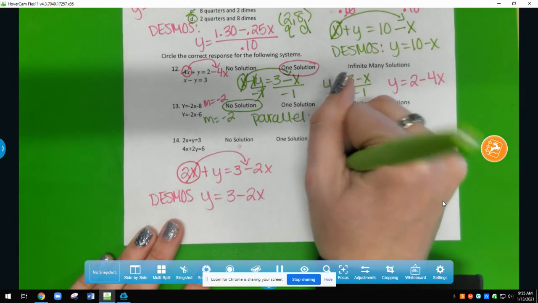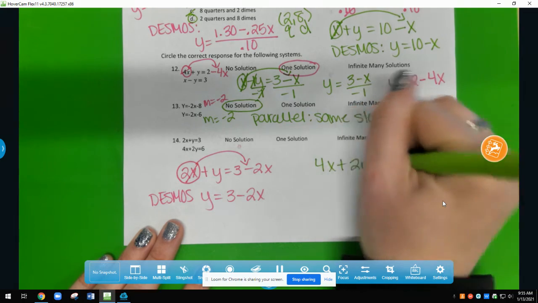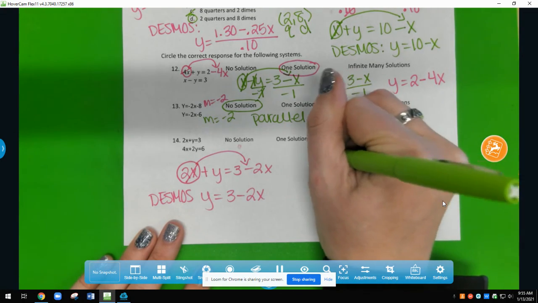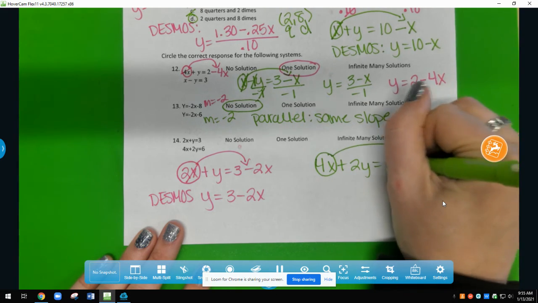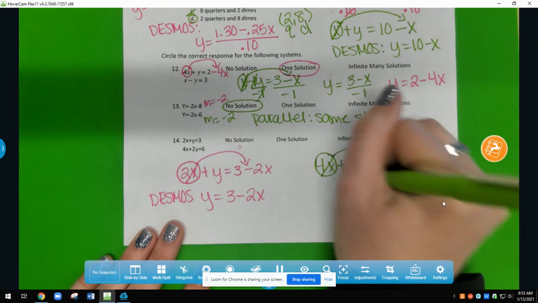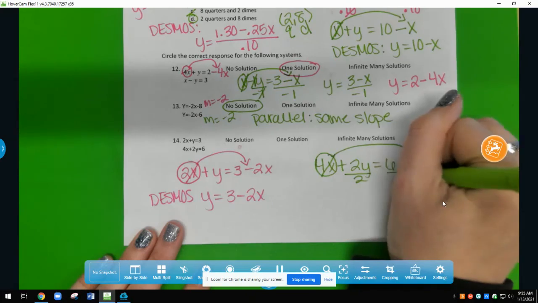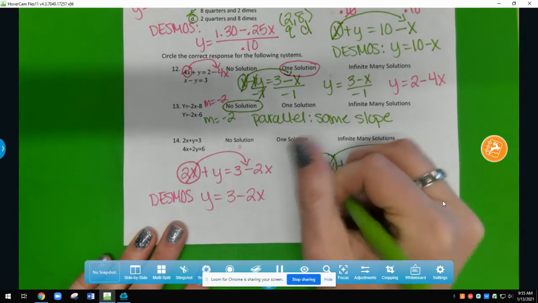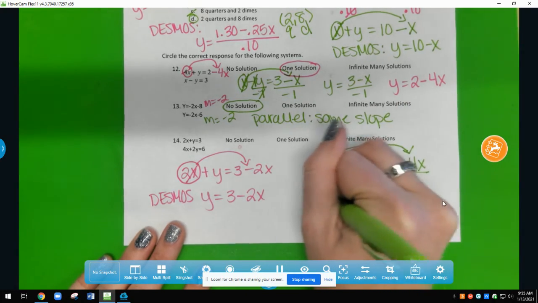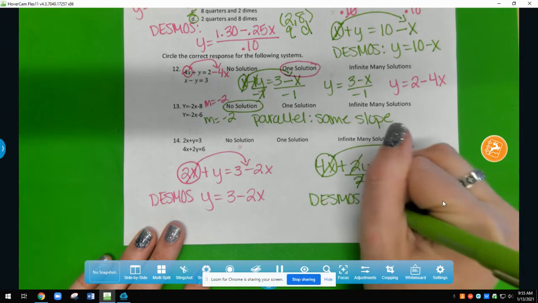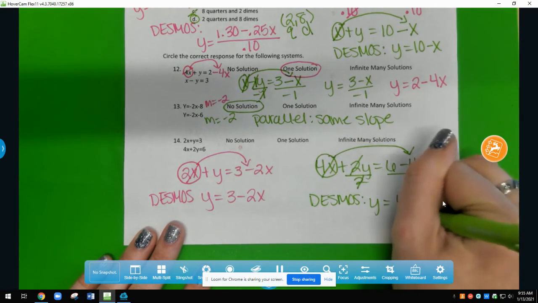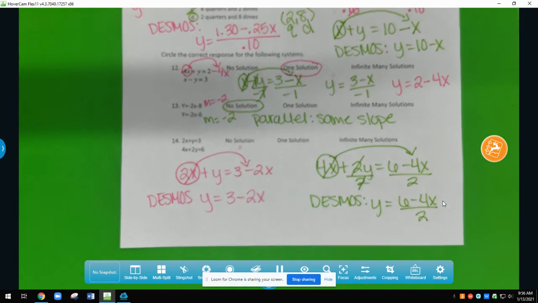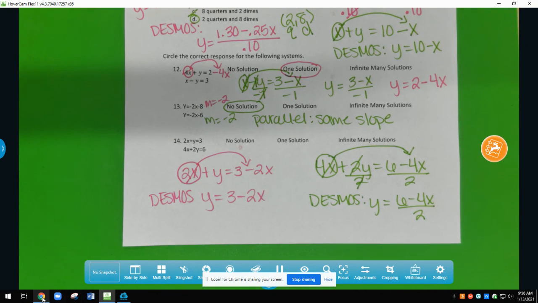Then I have 4x plus 2y equals 6. So I'm going to move the x, change the sign, divide by the number in front of y. So in Desmos, I'm going to have y equals 6 minus 4x over 2. So now we're going to graph both of those.